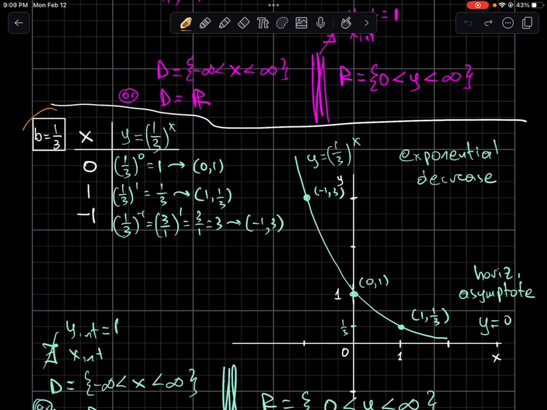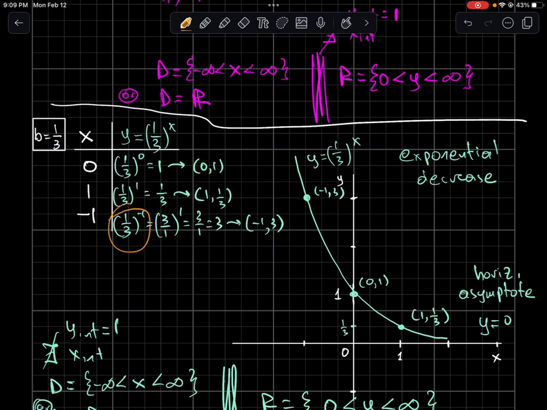The last one has base equal to 1/3, so the parent function is y equals 1/3 to the x. How do I do its graph? I start with a chart, the usual 0, 1, negative 1. Plug in into the first step. Anything to the 0 power is 1. Anything to the first power remains unchanged, so 1/3 to the first is just 1/3.